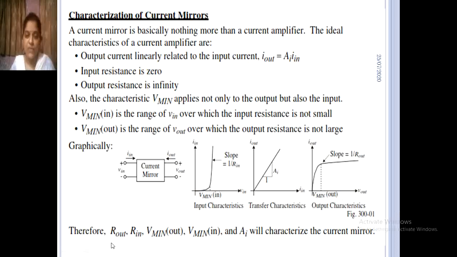Therefore R out, R in, V min out, V min in, and A I characterize the current mirror. So a current mirror is nothing but a current amplifier, and I out is equal to A I times I in. For that circuitry, we have seen the input characteristics, transfer characteristics, and output characteristics here.